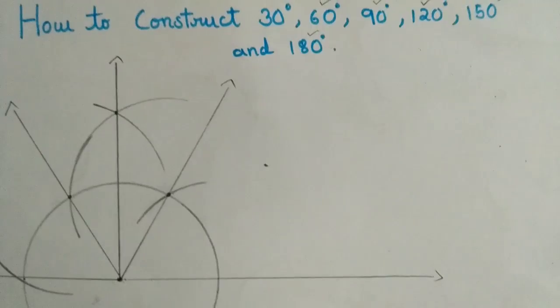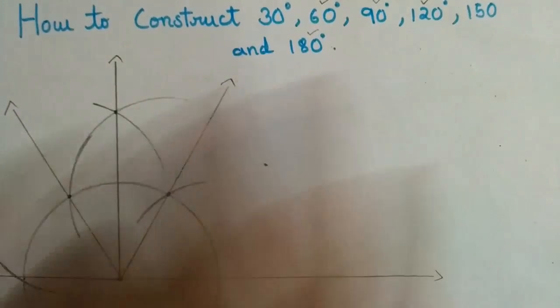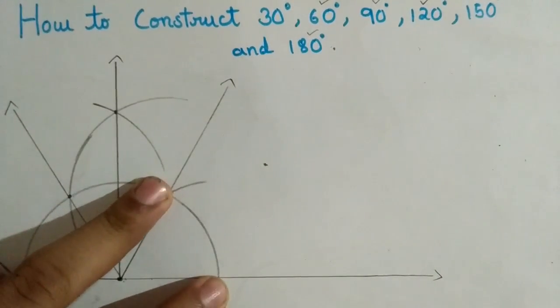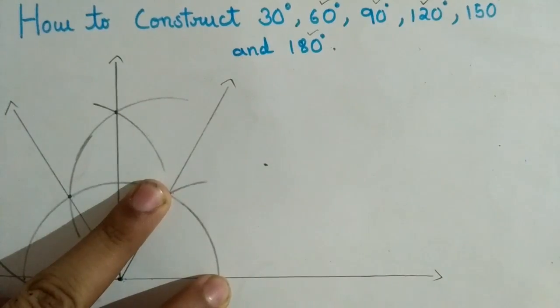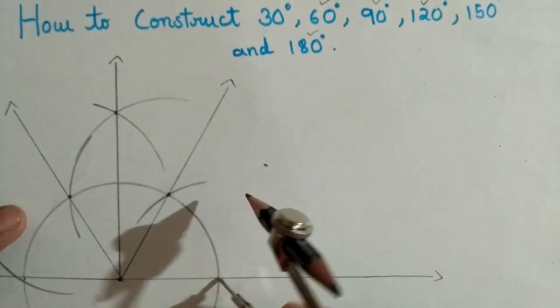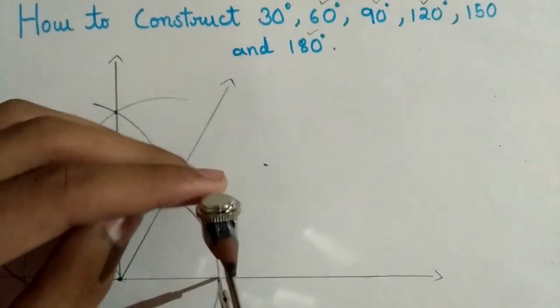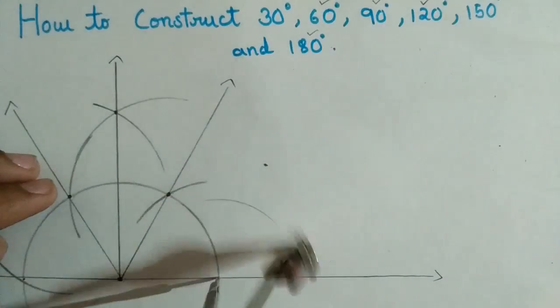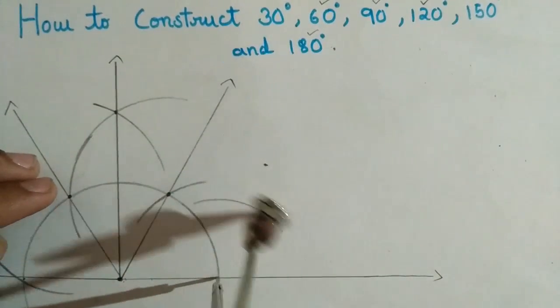And now how to construct 30 degree? So this is 60 degree, and the half of 60 degree is 30 degree. It is common and it is very easy. So now bisect this angle to get 30 degree. Now from here I can take more than half, no problem. Here by taking more than half, I will cut an arc here.